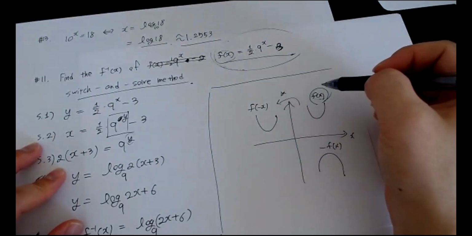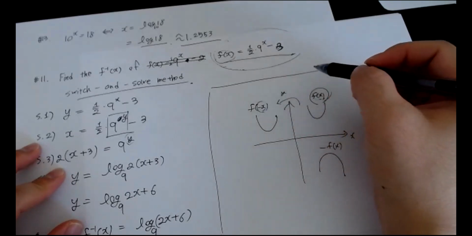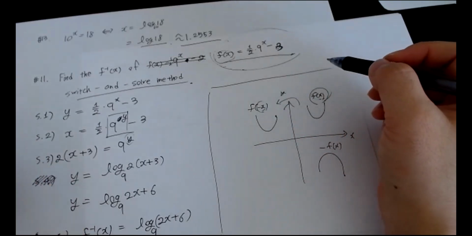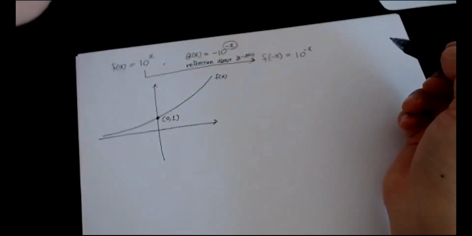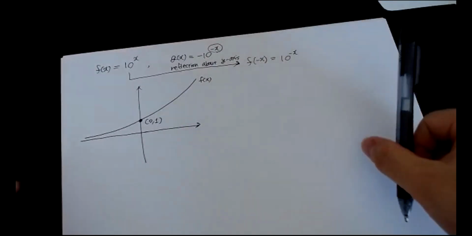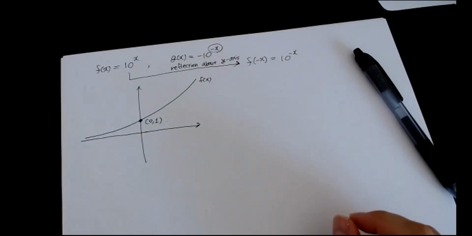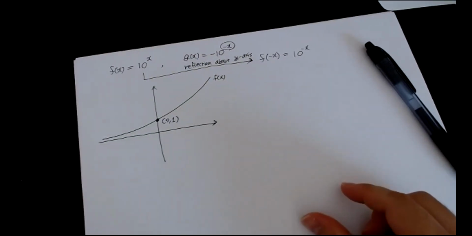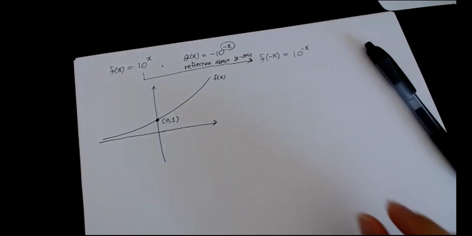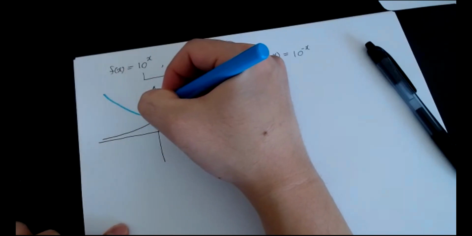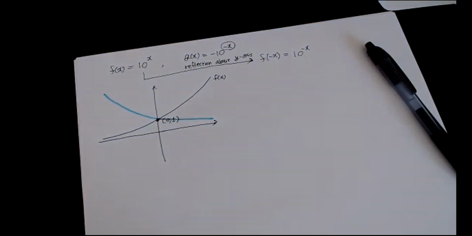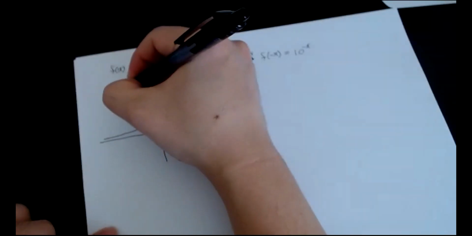So replacing x by negative x means reflection about the y-axis. I'm going to reflect the graph about the y-axis, and we get this. This is the graph of f(-x).